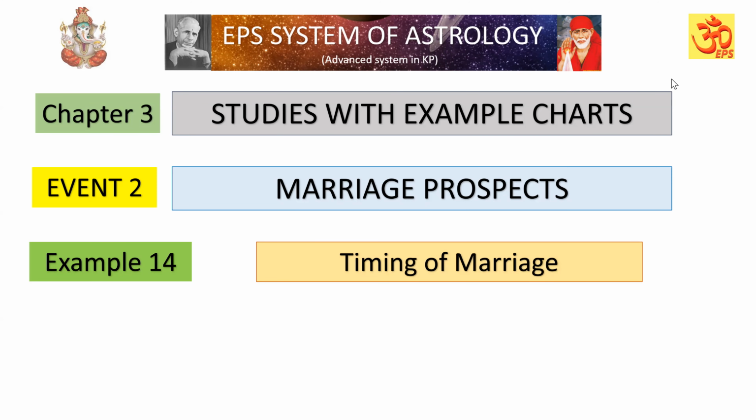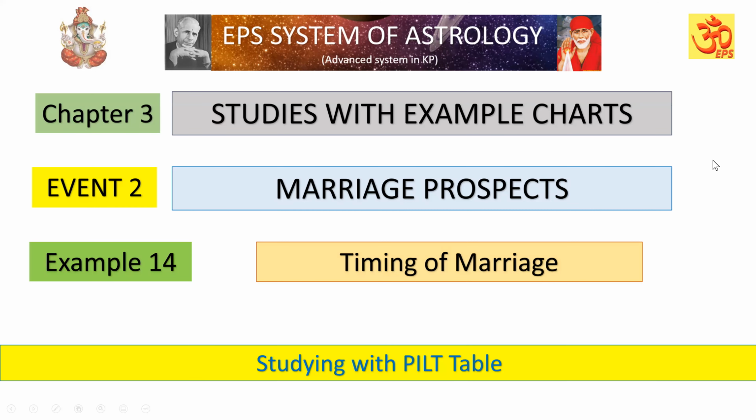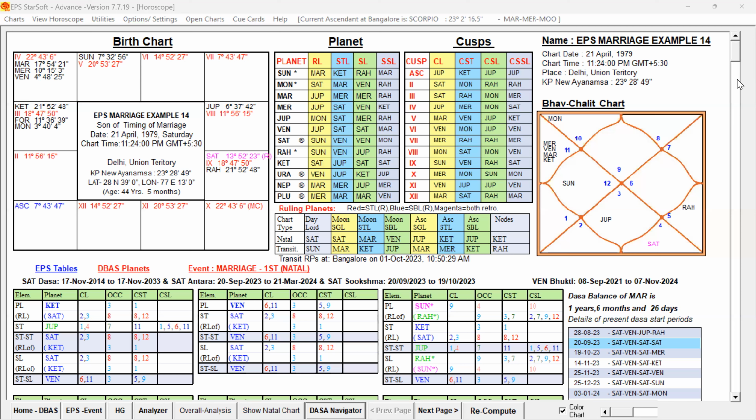Example number 14, timing of marriage. This is the birth chart of that male native.